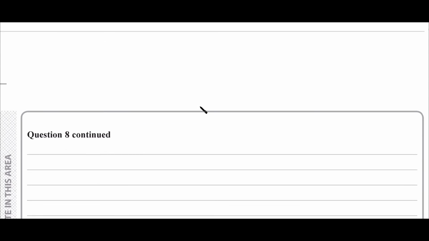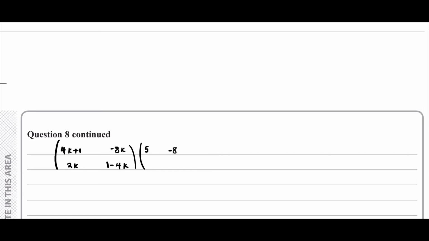So now we can use that bit, hopefully successfully. We have (4k+1, -8k; 2k, 1-4k) multiplied by (5, -8; 2, -3).